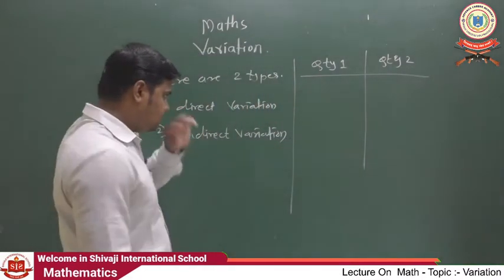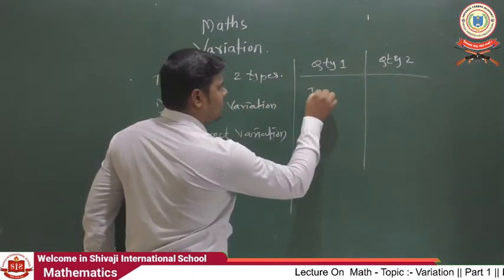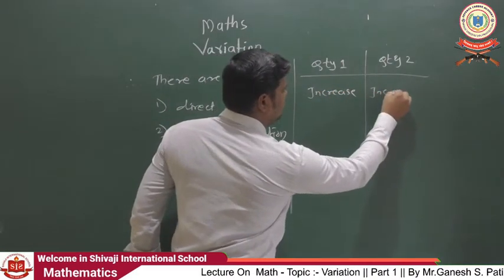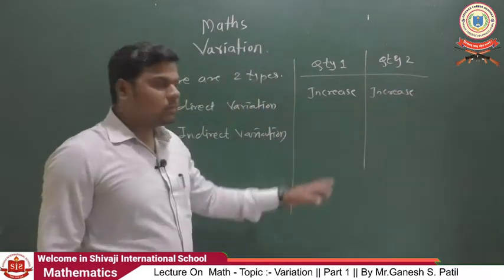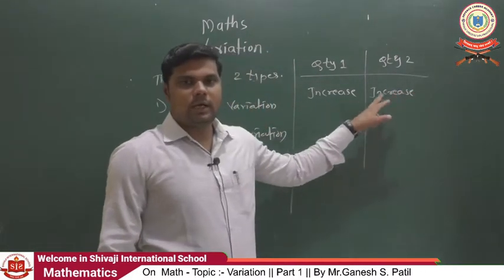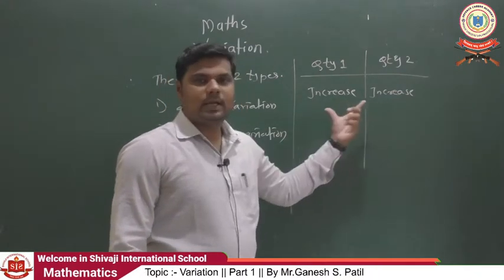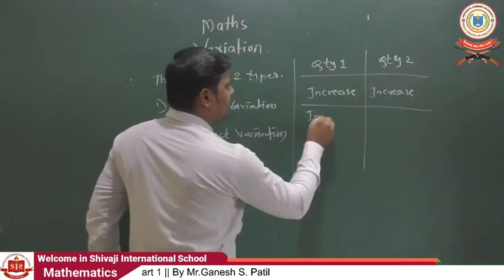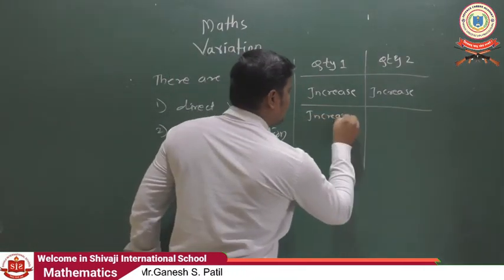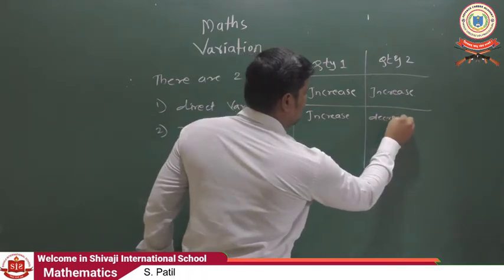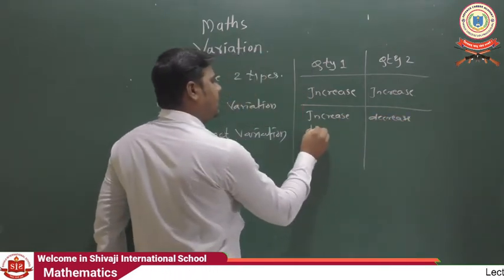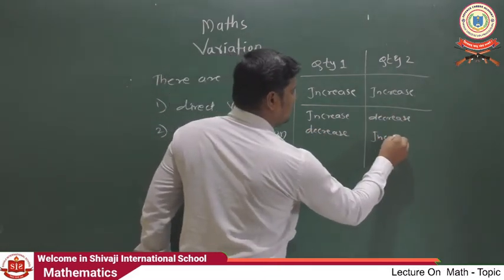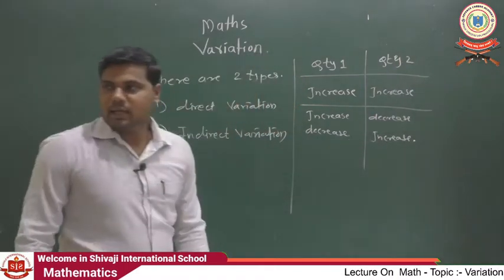See, the first quantity increases, then the other one also increases. The first quantity increases, the second quantity also increases. This is called direct variation. And if one quantity increases but the other one decreases, or the other one decreases, then the first increases, that is called indirect variation.